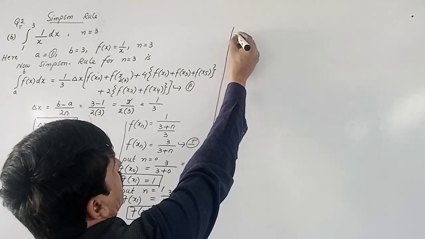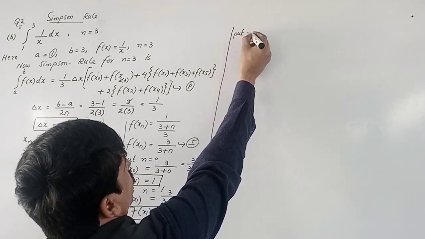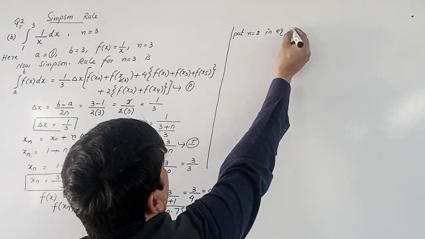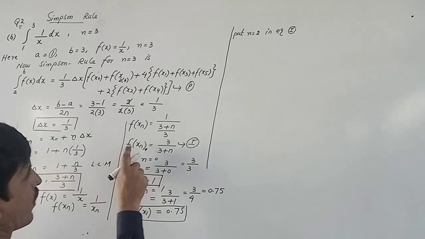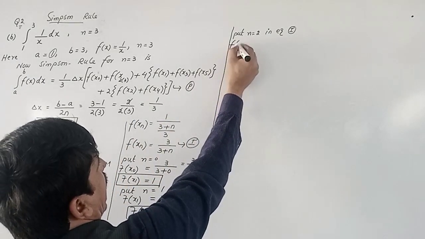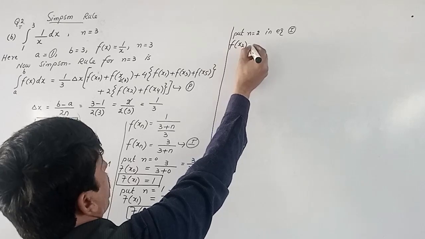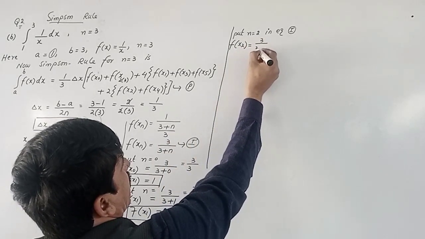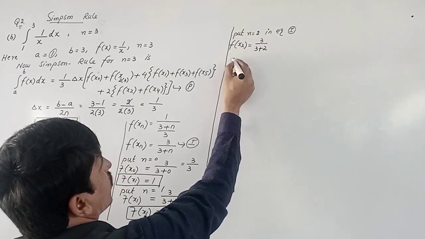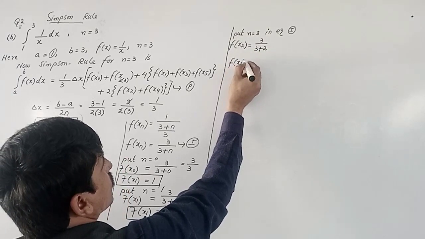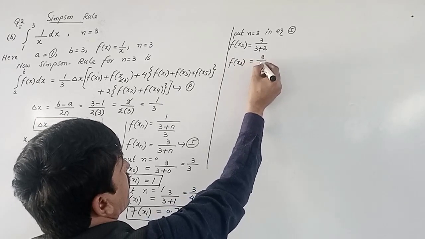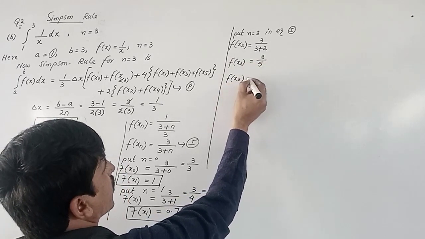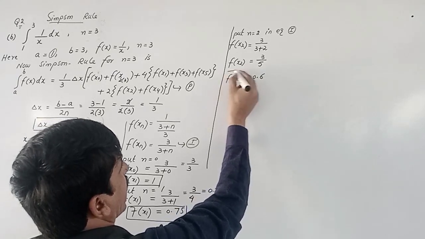Now put n is equal to 2 in equation 1, so we get f of x2 is equal to 3 divided by 3 plus 2. F of x2 is 3 divided by 5, which is equal to 0.6.